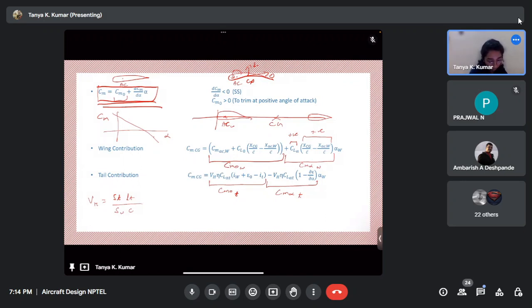This LT is the tail moment arm. In this figure, this is the aerodynamic center of the tail. So the tail moment arm is XAC tail minus XCG. So is that term positive or negative?